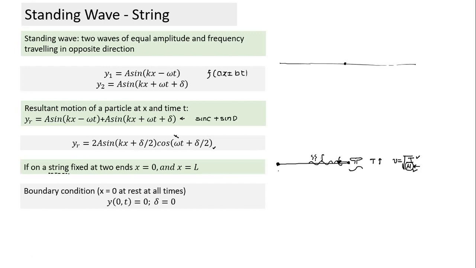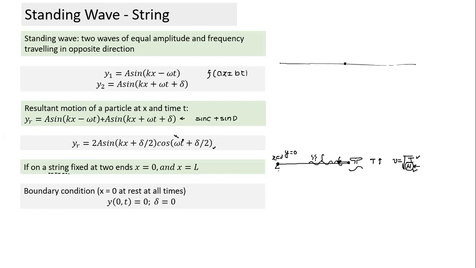So if the end is fixed, just imagine a guitar wire. It is fixed at two ends. At this point which is fixed at x is equal to 0, what is the value of y at different points of time? Will y not be 0 at all instances of time? If it is fixed, its motion is 0, it will always remain at rest.